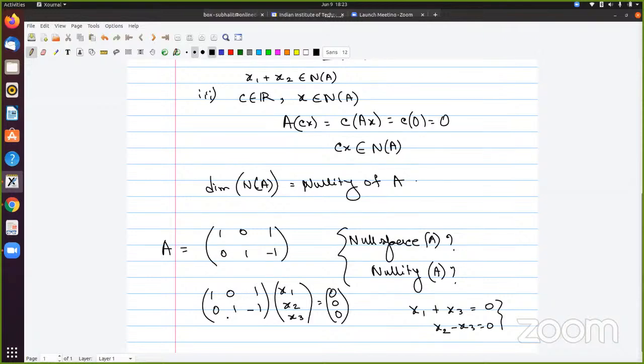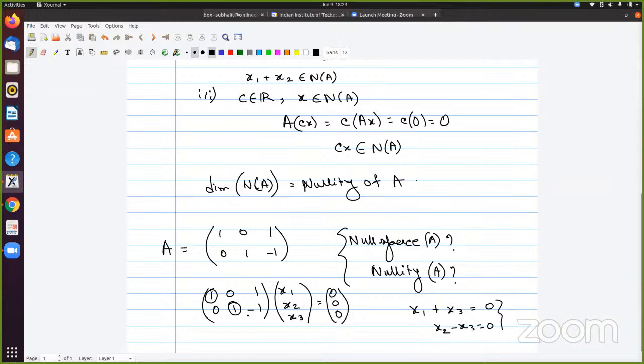In terms of dependent and independent variables, which we have already learned, this is a pivot element and this is a pivot element. There is no pivot element in the third column, because there is no third row. The 0 matrix should be 2 by 1.